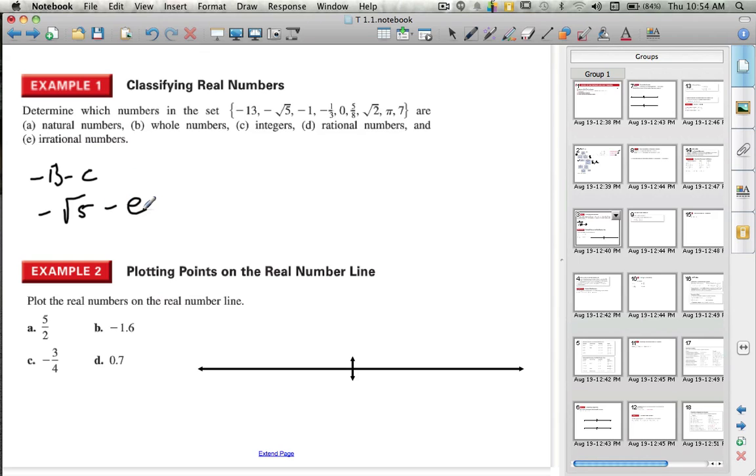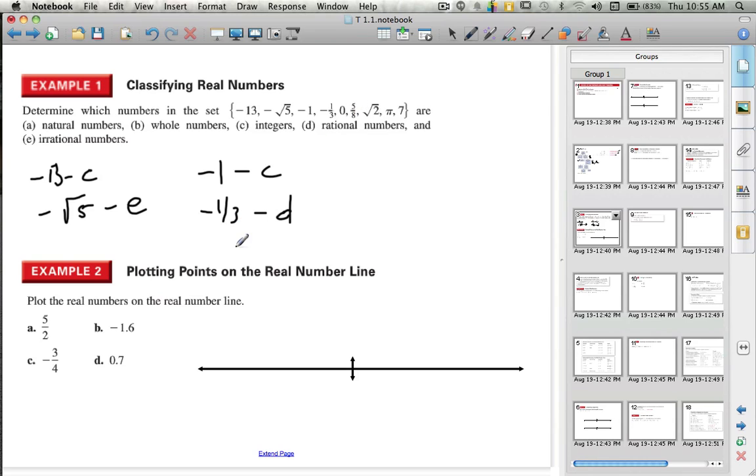That's E. If we look at -1, again it's an integer. That would be C. When we look at -1/3, that's a rational number. Again, it's not like -13 or -1. They fit into smaller subsets, but it's a ratio of two numbers. It is a rational number.